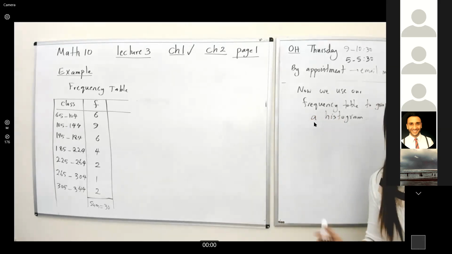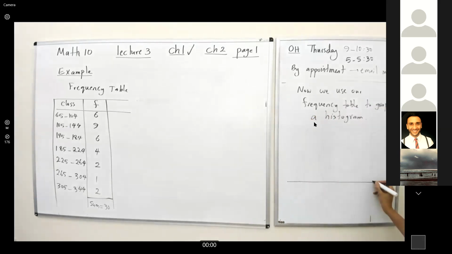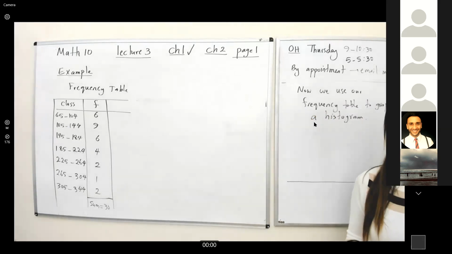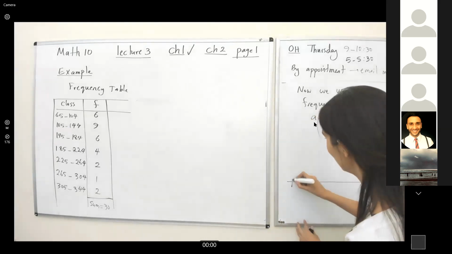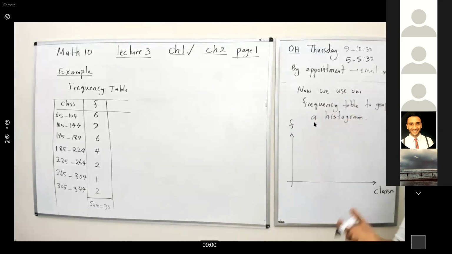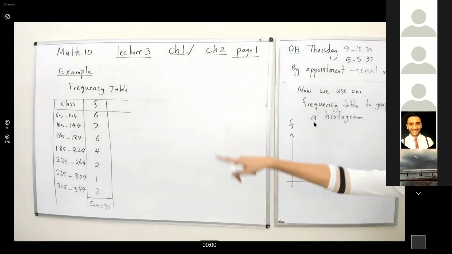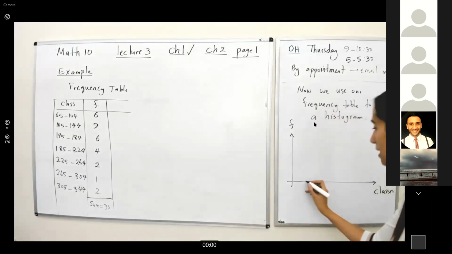To create your histogram, you need a horizontal axis. On this horizontal axis, you're going to list all of your classes. On the vertical axis, however, you have your frequencies, F or frequency. So you're going to list all lower limits of your classes on this axis.